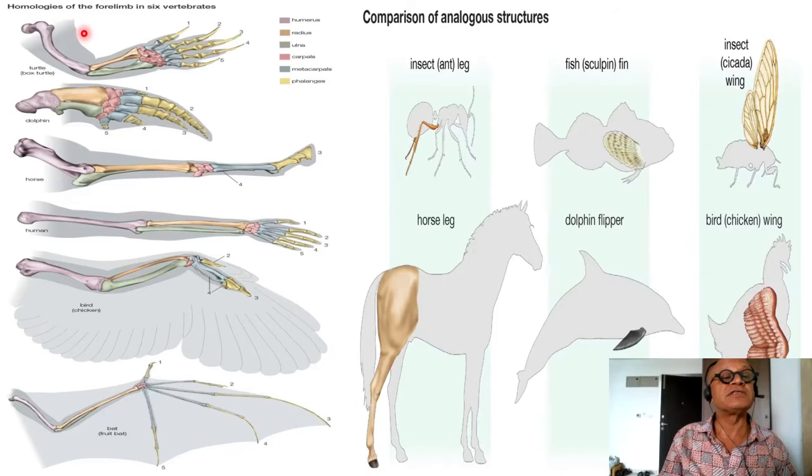So here are the examples: homologies of the forelimb in 6 vertebrates, so similar structures in the various organs or limbs, so humerus, radius, ulna, carpals, metacarpals, and phalanges, and of course comparison of analogous structures, for example hind legs of insects, fish and dolphin, so the fish fin and dolphin flippers, horse legs and insect legs here, insect wing and chicken wing, and so on.